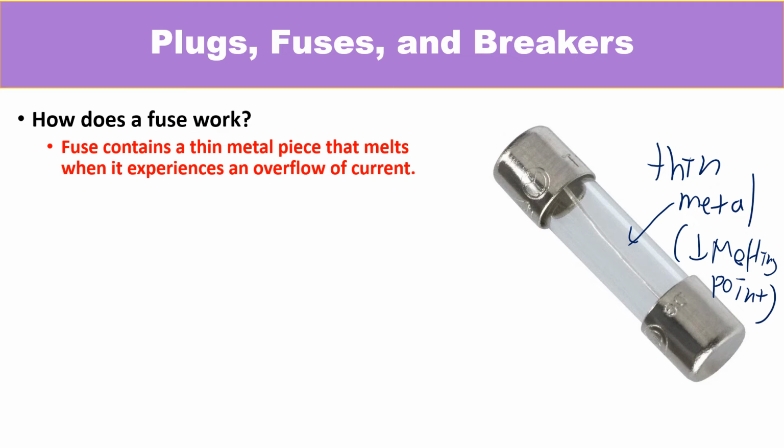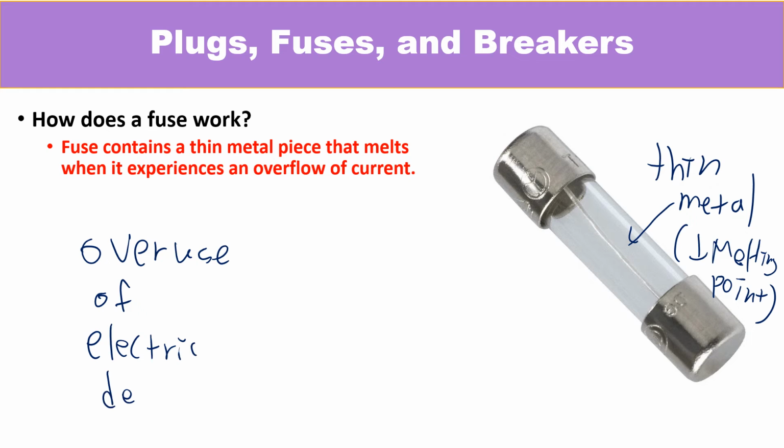So if there's overuse of electric devices, we have a lot of current. And if you have a lot of current, think about a strong river.